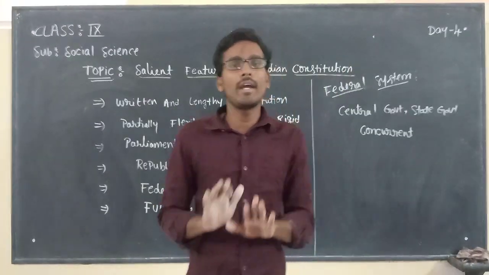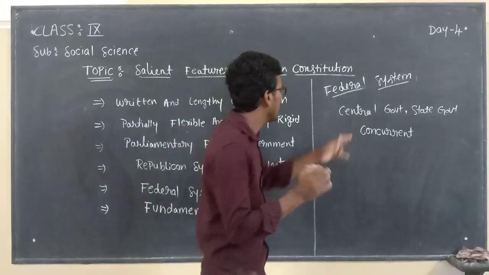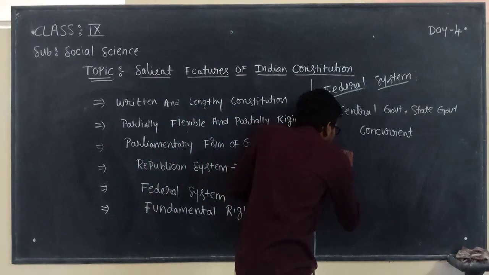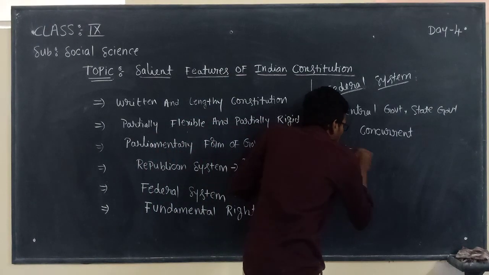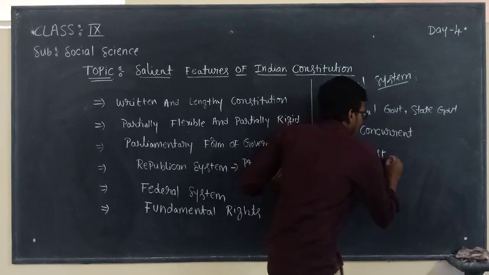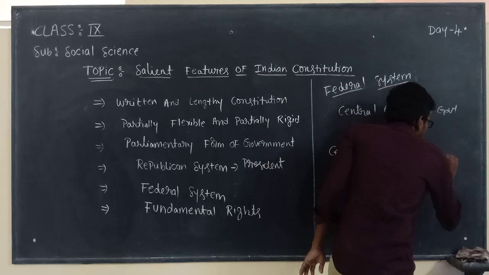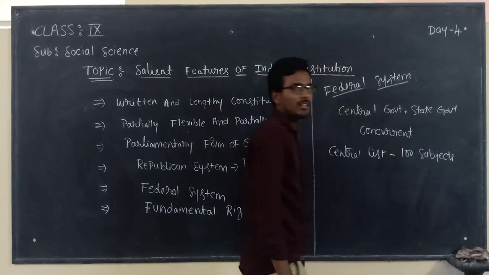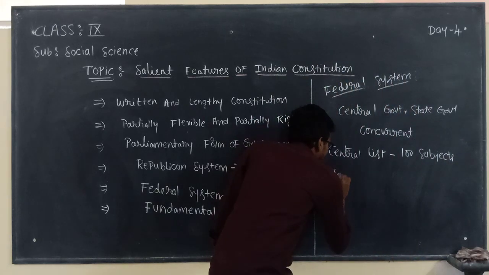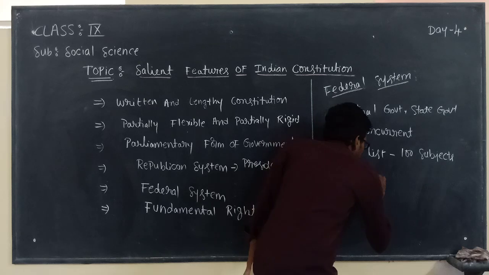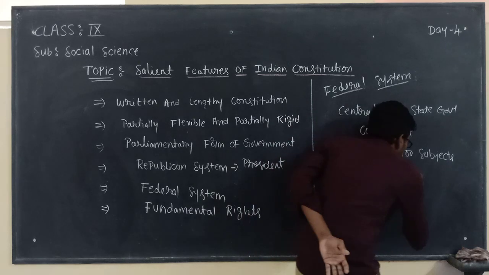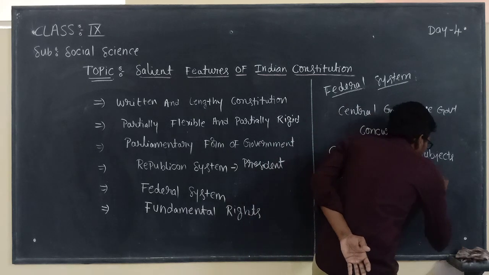Concurrent means combined responsibility. Here the central list has 100 subjects. Next, the state list has 61 subjects.